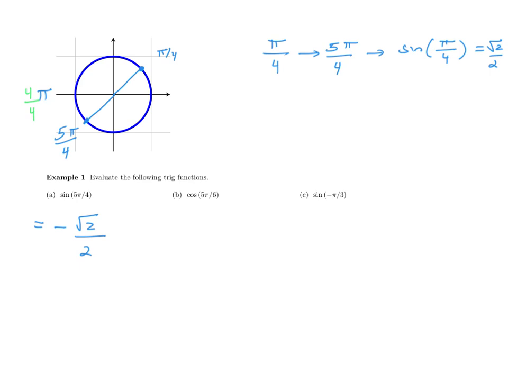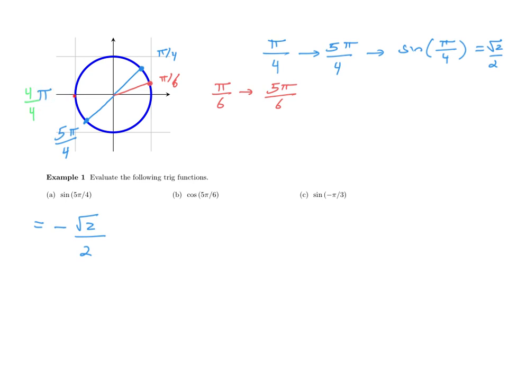Looking at this, the first thing I'm thinking of is pi over 6. Where is that? I know that's a 30-degree angle, so that's right here. Now, the next question is, where's 5 pi over 6? Which quadrant is that in, the first, second, third, or fourth? Well, you could count pi over 6, but actually, I know where pi is, and pi is the same thing as 6 pi over 6.